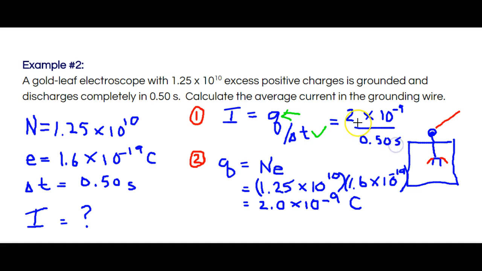So dividing by a half is the same as multiplying by 2, so I can tell right off that that should give me 4.0 times 10 to the negative 9. And what unit am I using? Well, current is measured in amperes, so make sure you get that unit right.